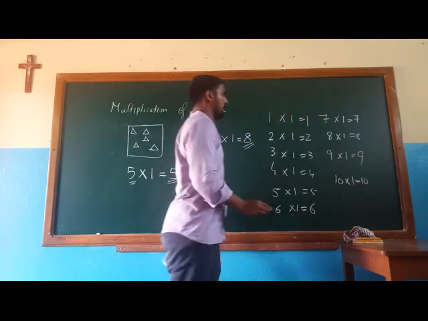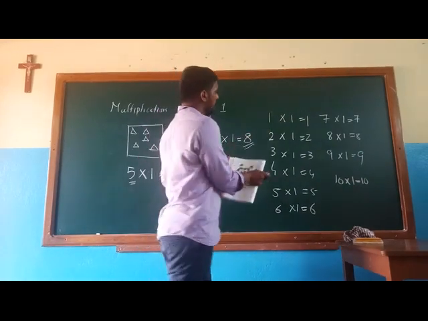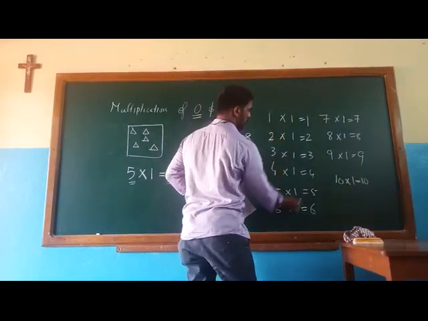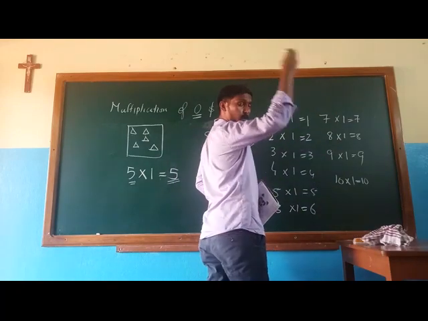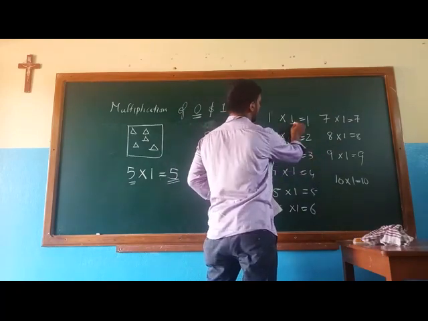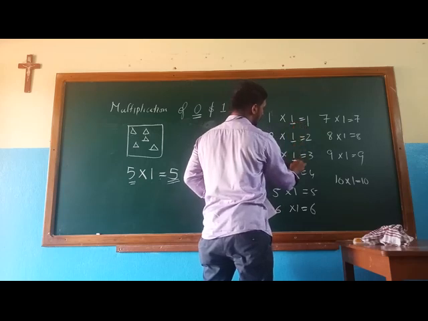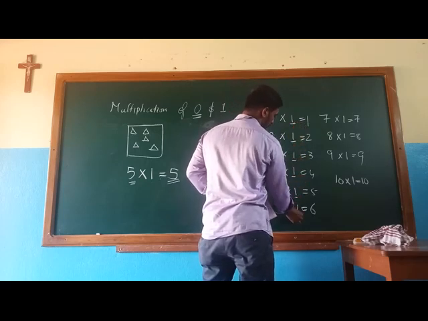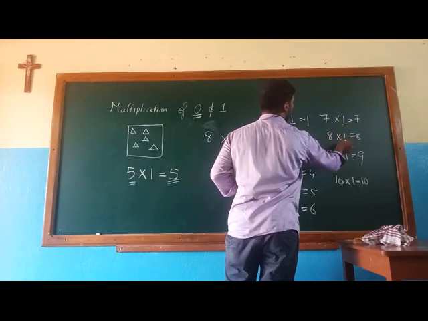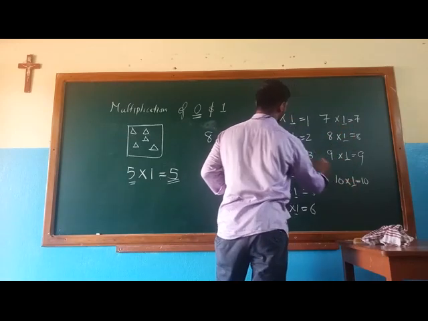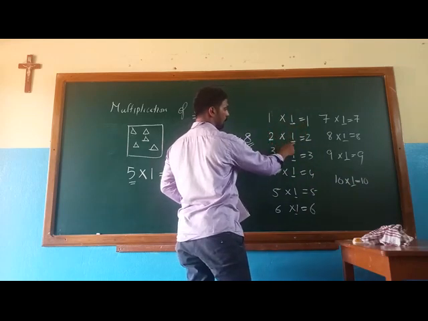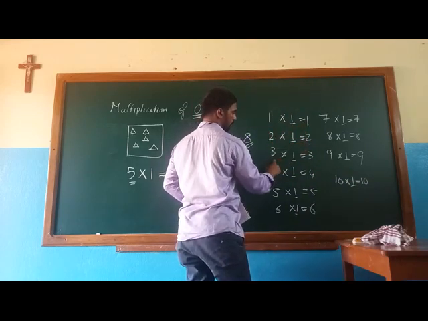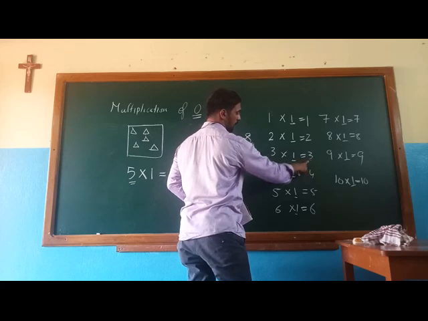So you see, if you multiply any number, 1, 2, 3, 4, 5, 6, 7, 8, 9, you can go on with any number, but if you multiply with 1, you will get the same number as the answer. 1 multiplied with 1, you got 1. 2 multiplied with 1, you got 2. 3 multiplied with 1, you got 3.